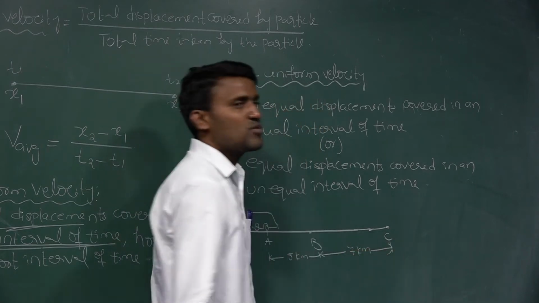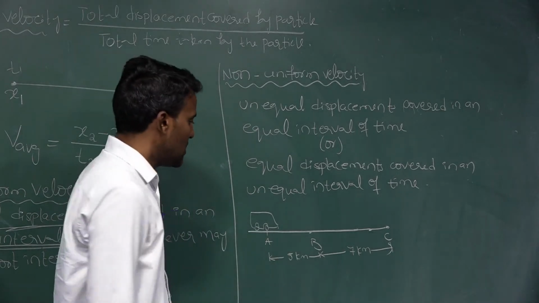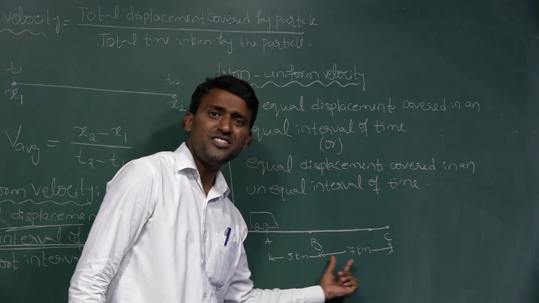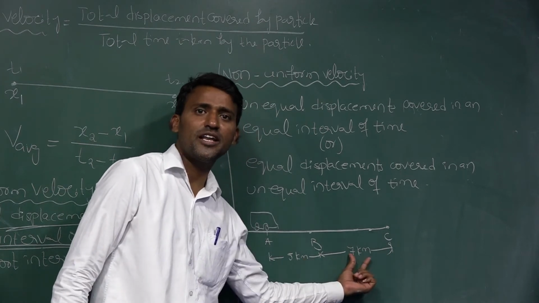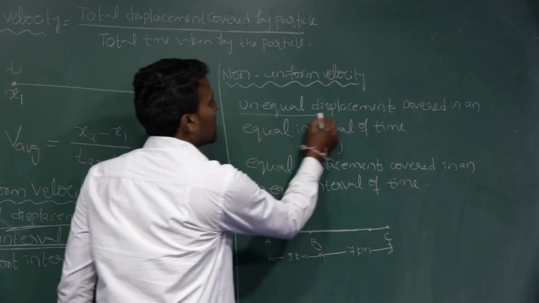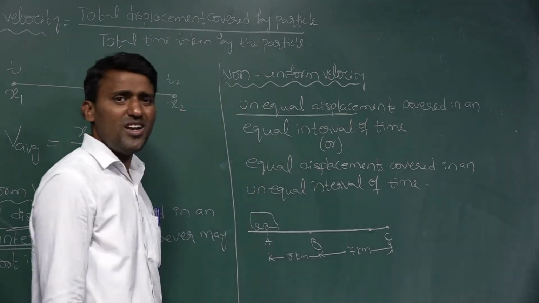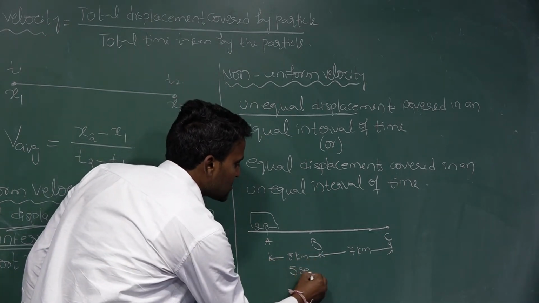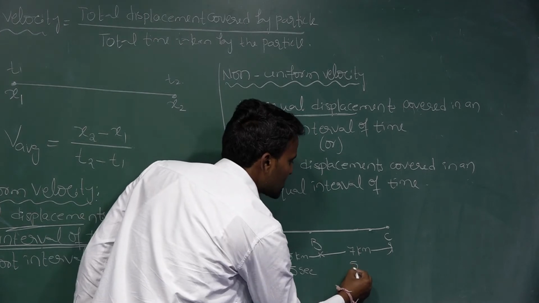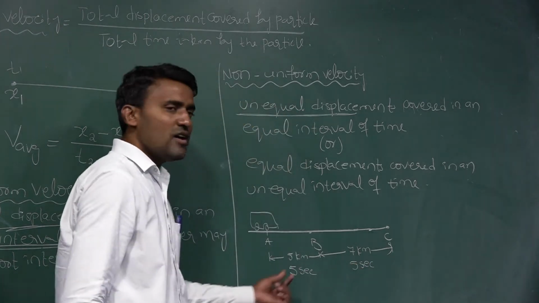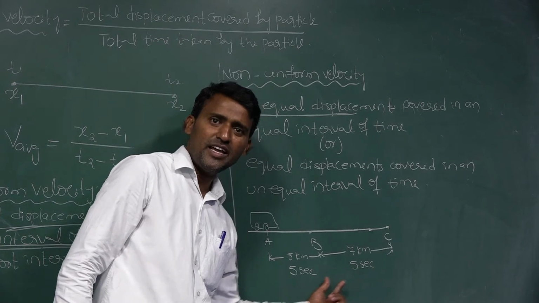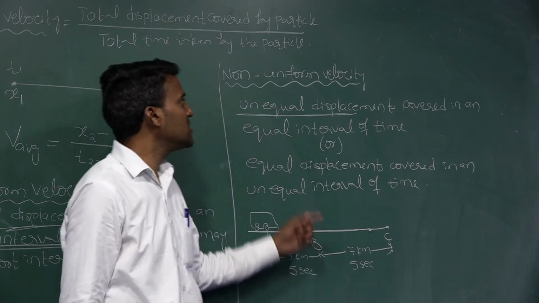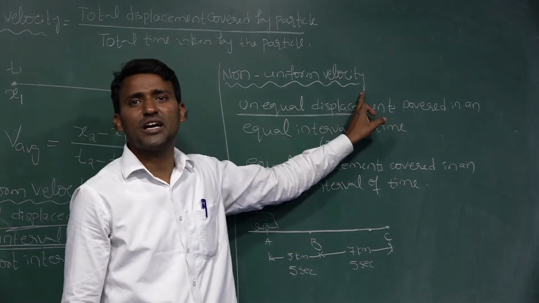So these are unequal displacements. The 5 kilometer displacement is covered in 5 seconds, and the 7 kilometer displacement is covered in 5 seconds. Unequal displacements covered in an equal interval of time, that is called non-uniform velocity.